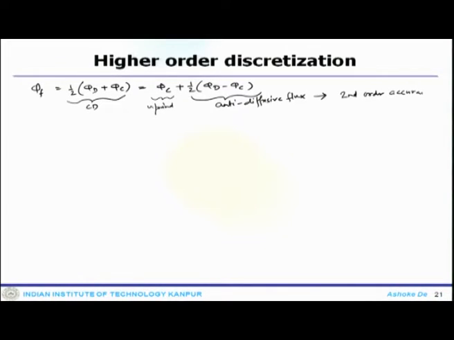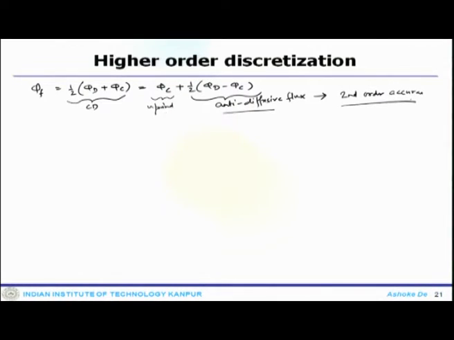So, one has to have a better approach where a portion of this anti-diffusive flux is added to the upwind scheme in such a way that second order accuracy is maintained, but at the same time you get less dispersion and less diffusion error.